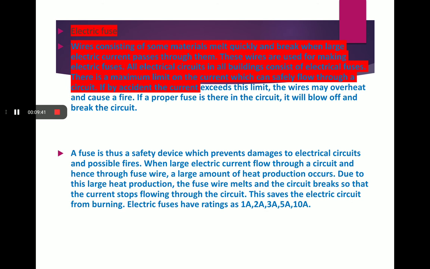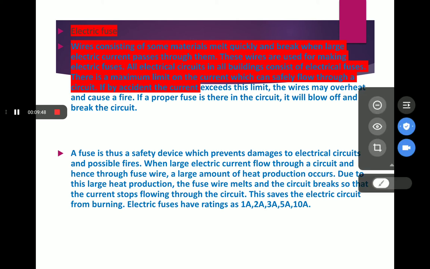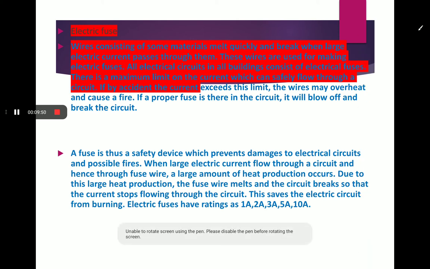Now, the next application is the electric fuse. Firstly, a fuse wire is a device which is generally used in a porcelain container, and it is used for the protection of the circuit.